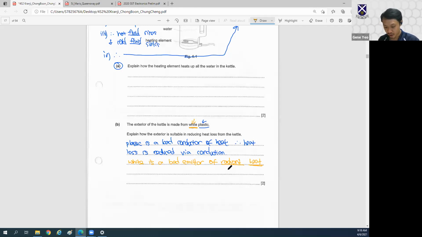Okay, therefore, let me change it grammatically. Therefore, heat loss via radiation is reduced. Okay, so keywords here.